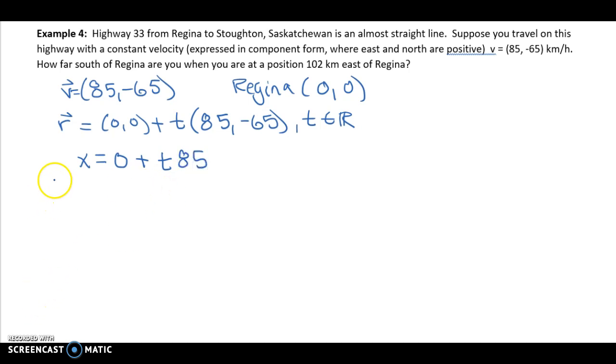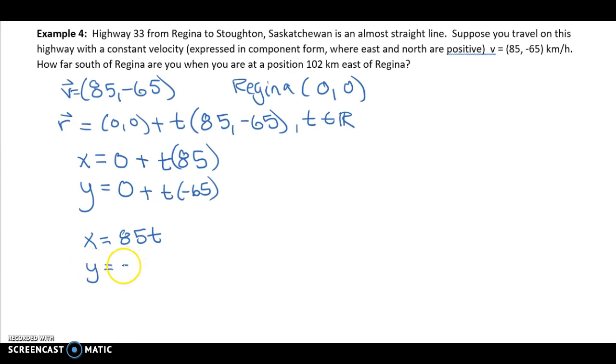And then for y, it is where we start plus the multiple in the y direction. If we want to clean this up, it turns out to be x equals 85t, and y is negative 65t.